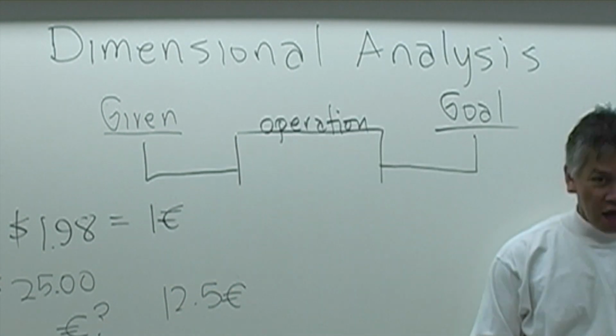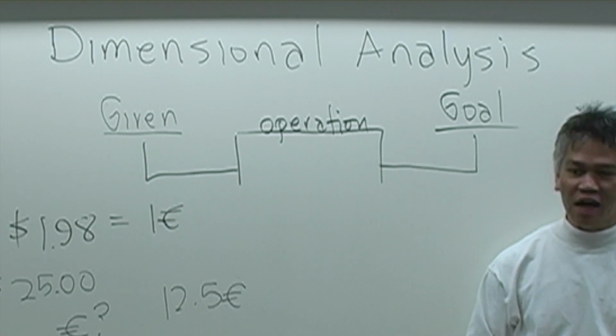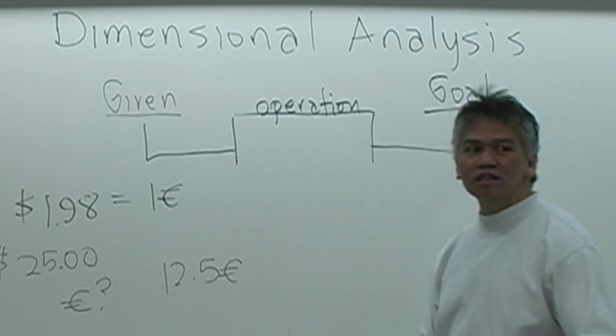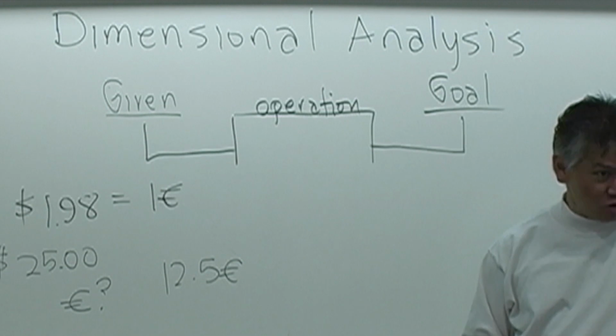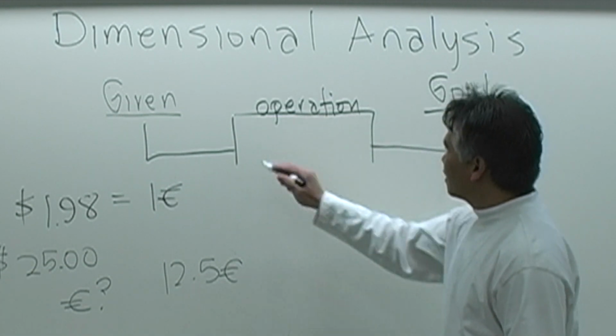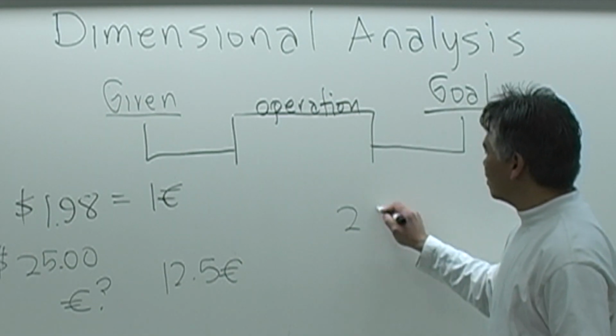How did we do that? Even though you didn't know it, you actually did dimensional analysis. Let me try and explain exactly the steps that you did, even though it didn't seem like you did that step. First of all, the given information in this problem is $25.